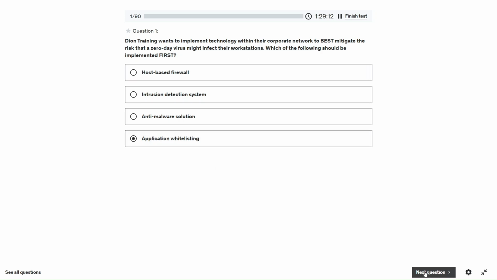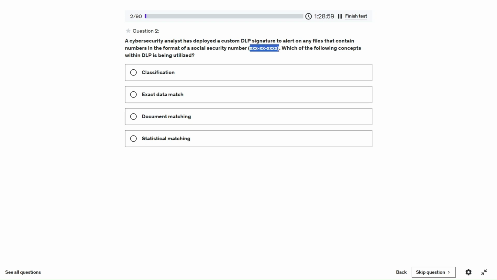So application whitelisting. A cybersecurity analyst has deployed a custom DLP signature to alert on any files that contain numbers in the format of a social security number, like this one. Which of the following concepts with data loss prevention is being utilized?